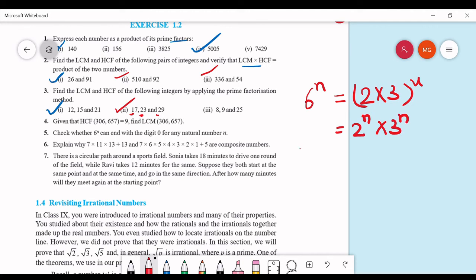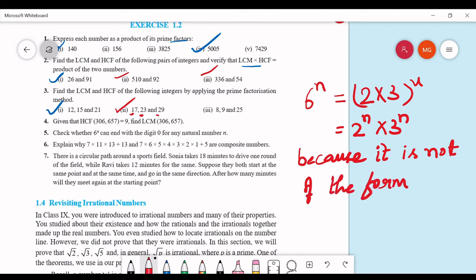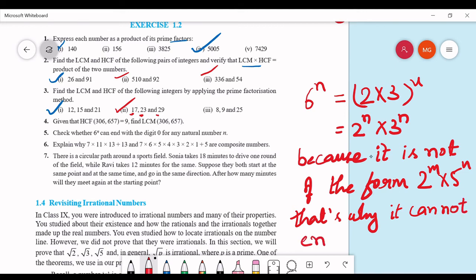So because it is not of the form 2 to the power m multiplied by 5 to the power n, that's why it cannot end with digit 0, right?